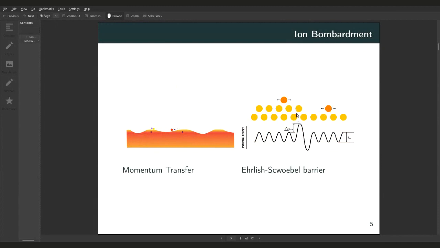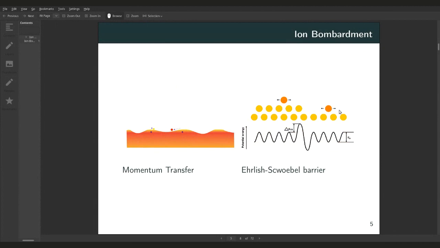So in this case, we have a crystalline structure. And so we do, in fact, have kind of these terrace steps across the surface of our film.